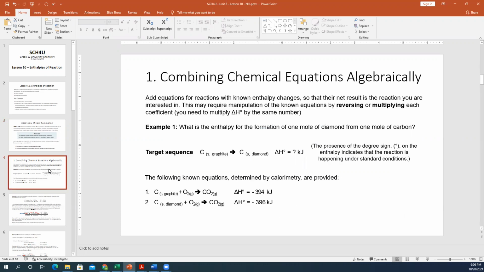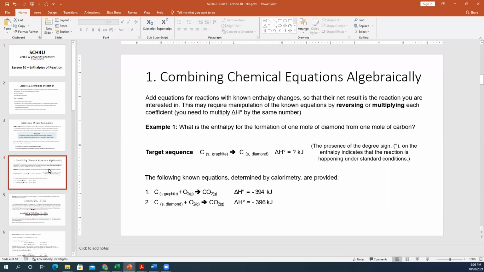So the first method, where we combine chemical equations algebraically and just add them up, uses equations with reactions of known enthalpy changes. You take reactions whose enthalpy changes are given, and you add them together in a way that the net result at the end ends up being the reaction that you're interested in.